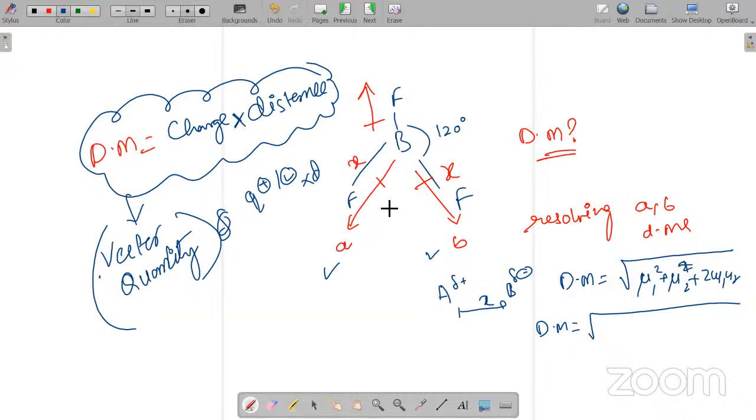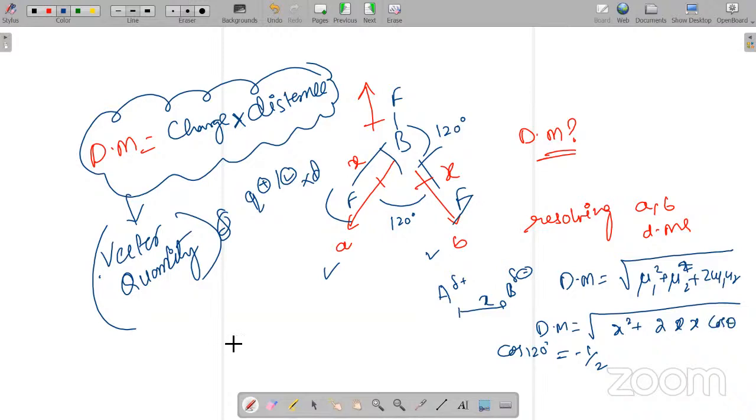Now if you see this one, the bond angle is 120 degrees. So cos 120 degrees is nothing but minus 1 by 2. And you know that the length is the same between them. So x square plus 2 into x into x into cos theta, where theta is 120 degrees.